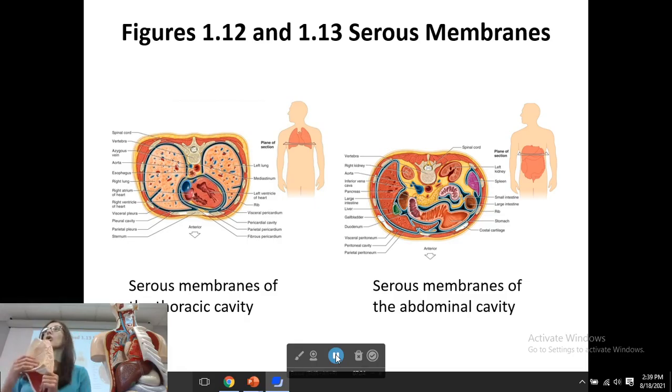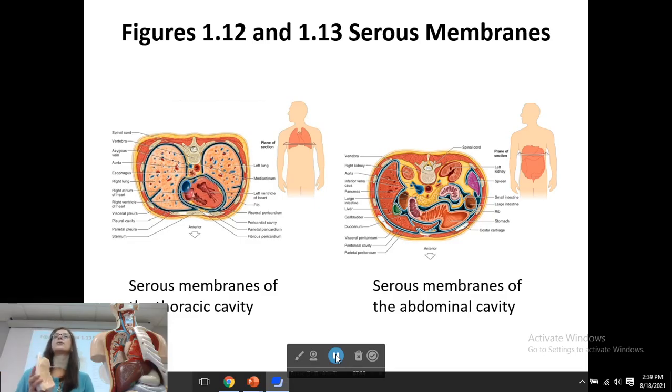The parietal pleura would be covering the cavity there. So on the inside of the rib cage, so here's the ribs right here, on the inside of the rib cage, around that whole cavity would be the parietal pleura.